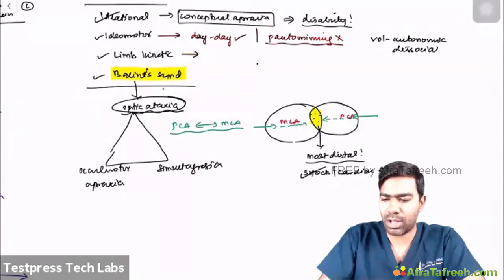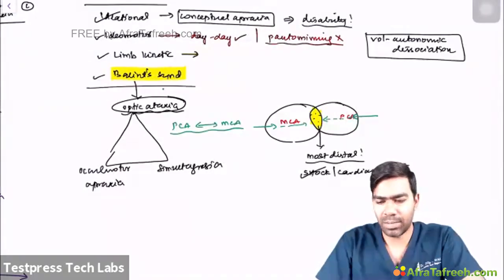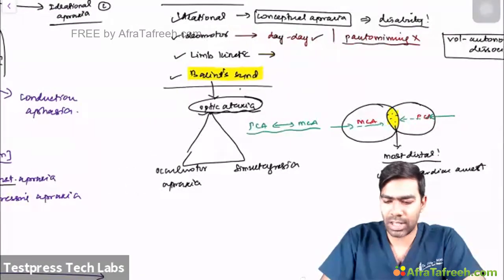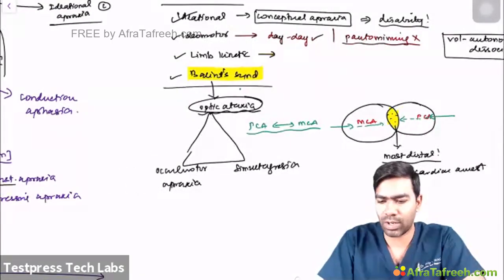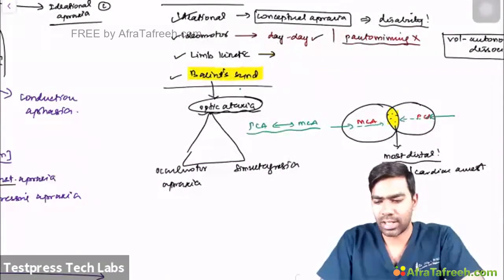Whereas in ideomotor apraxia, you're actually seeing something called a voluntary autonomic dissociation. But in limb kinetic apraxia, there is no voluntary autonomic dissociation, whether you ask them to do it voluntarily or whether even in day-to-day life, they want to do something involuntarily, there will be serious difficulty.